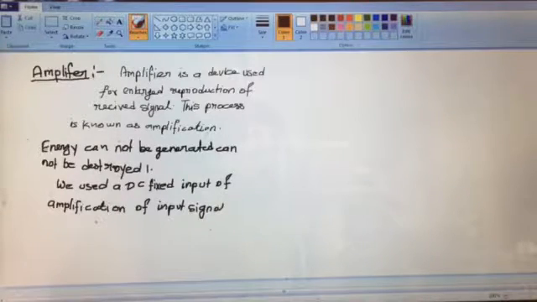Now, to understand the process of amplification, just take an example of a water tap.